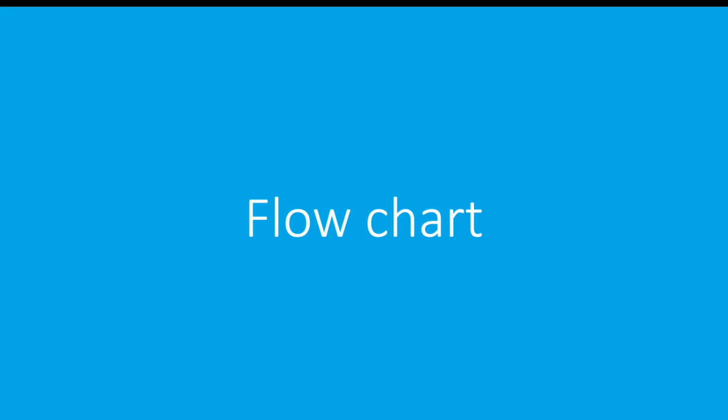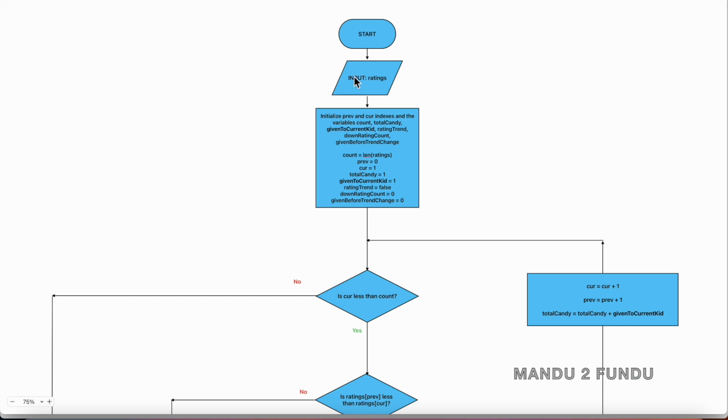Let's look at the flowchart. Input for this procedure is the ratings array, and first we have to initialize the previous and current indexes, and then the count, total candy, given to current kid, rating trend, down rating count, and given before trend change variables. The count will be initialized with the number of elements in the array.